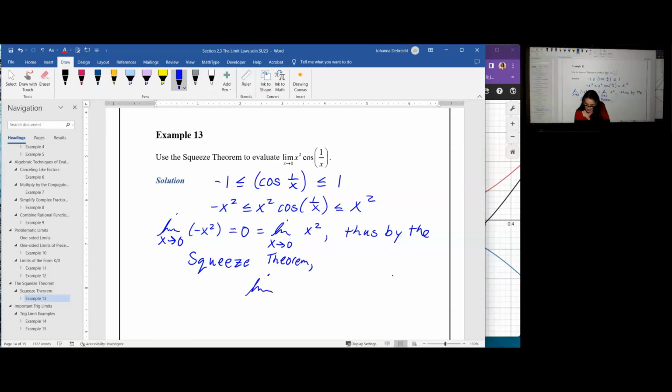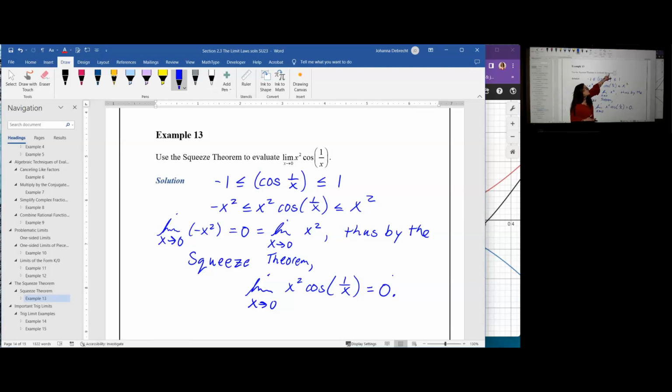The limit as x approaches 0 of x squared cosine of 1 over x equals 0.